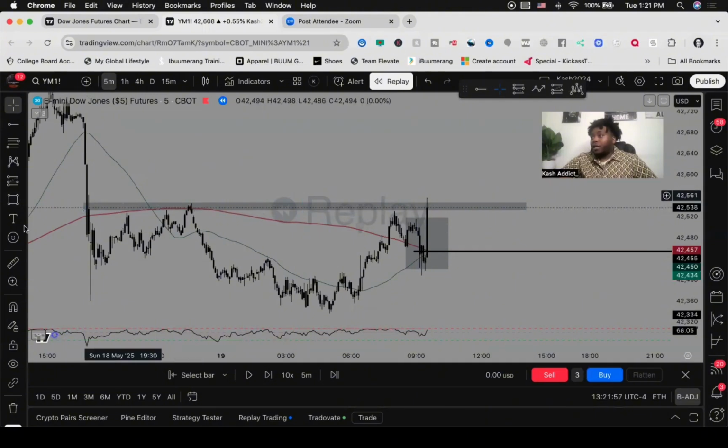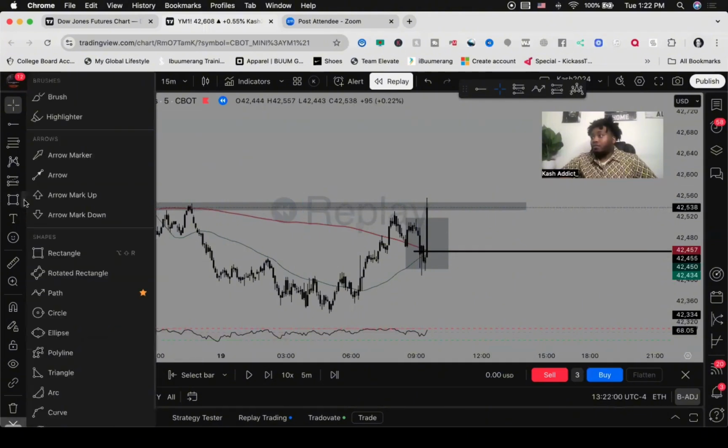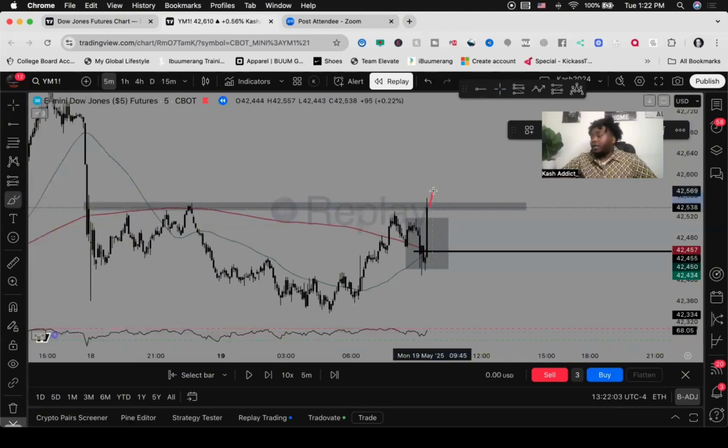Now, if price breaks out of this supply right here, we can take the buy. We just have to make sure it's not liquidity being grabbed because of these orders sitting over here, and then coming all the way back down. So that's one thing about it. You got to be able to pay attention to price action, candles, how it closed, momentum, and everything in that nature. All right.